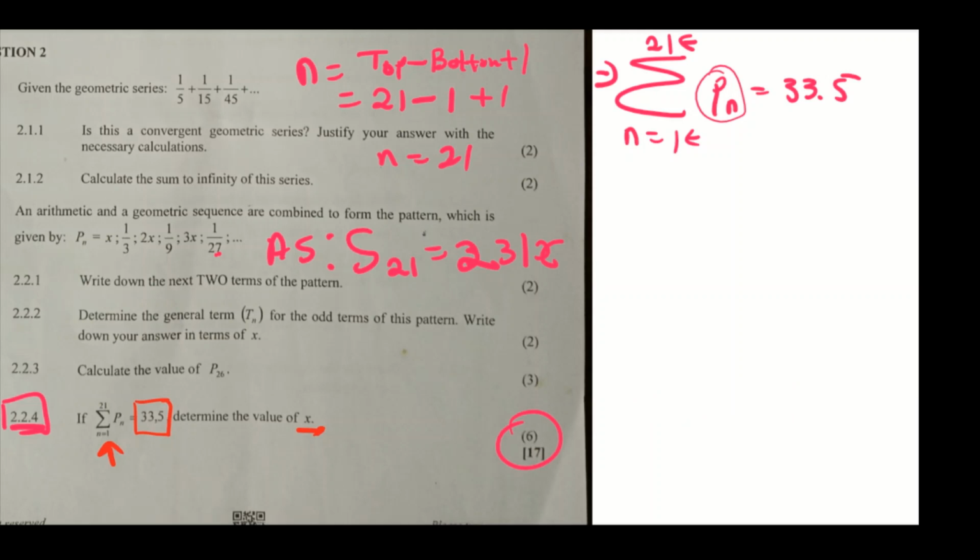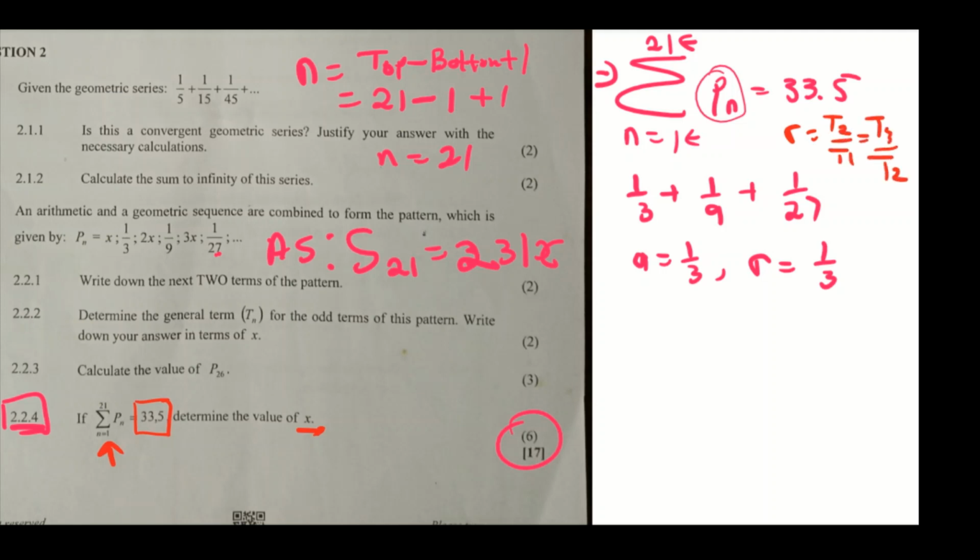The geometric series is 1 over 3 plus 1 over 9 plus 1 over 27, right? So the first term is 1 over 3. r is equal to 1 over 3. Remember, we calculated it in the previous questions, but you know how to find r, right? If you don't know, r is equal to term number 2 over term number 1, which is equal to term number 3 over term number 2. So you're going to find that r is equal to 1 over 3.